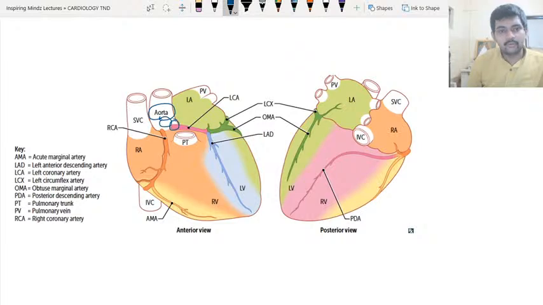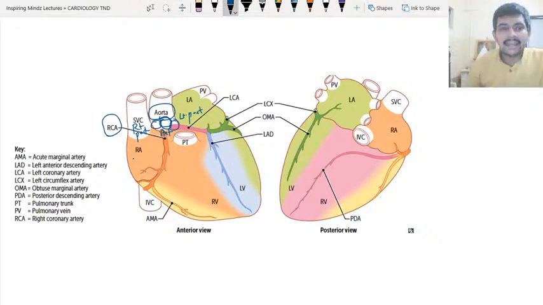If you know, there are three basic structures: one anterior coronary sinus and two posterior coronary sinuses, or aortic sinuses. One left posterior, one right posterior, and one anterior. Now, originating from them are your coronary arteries. If you look at this very carefully, your right coronary artery is originating from where?